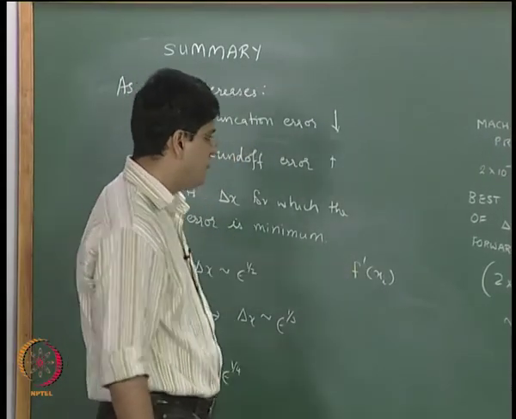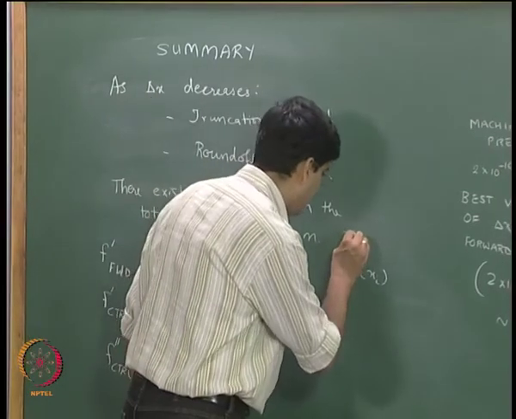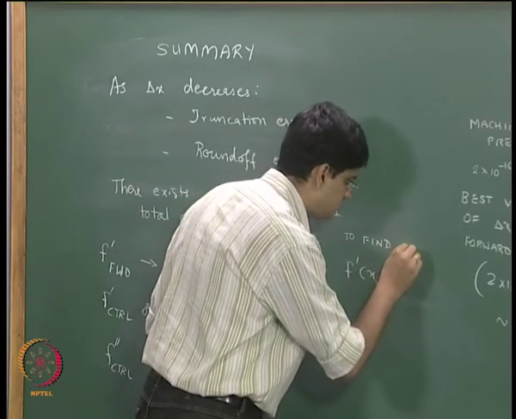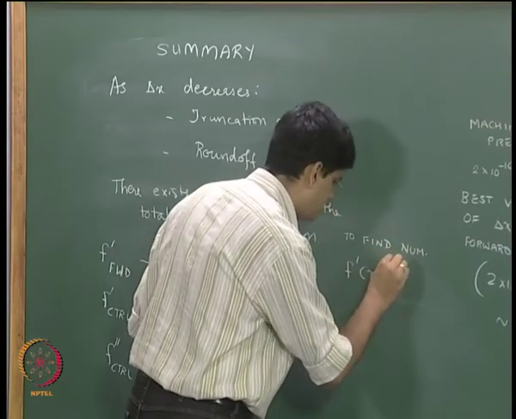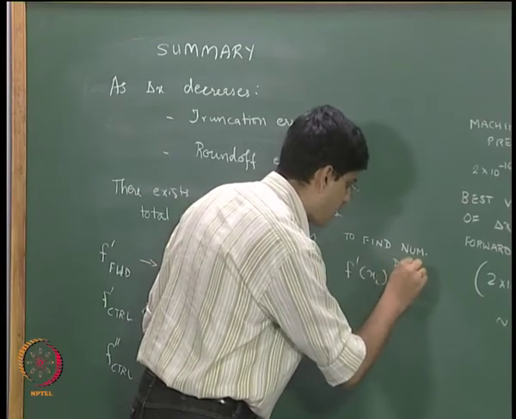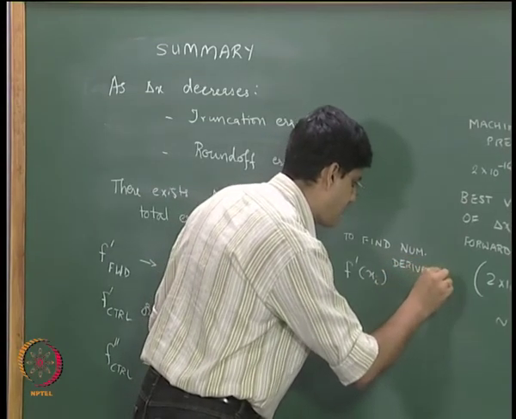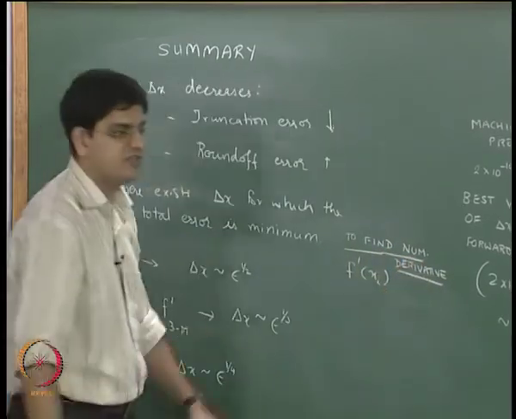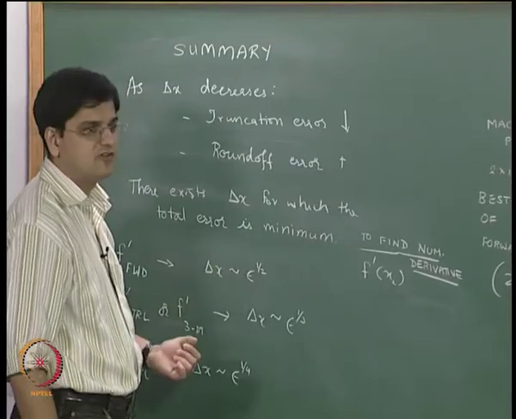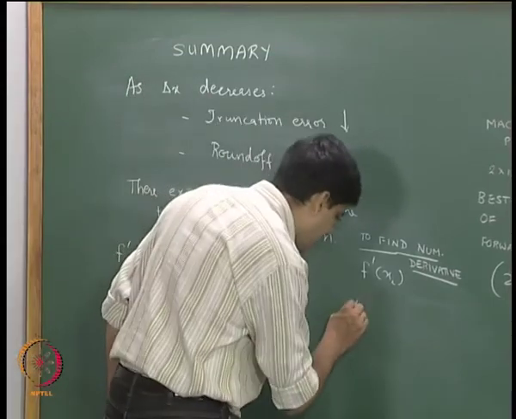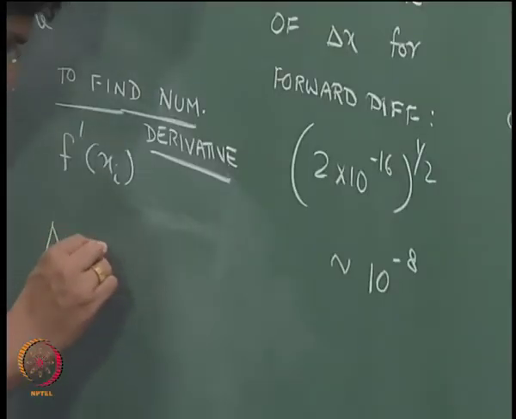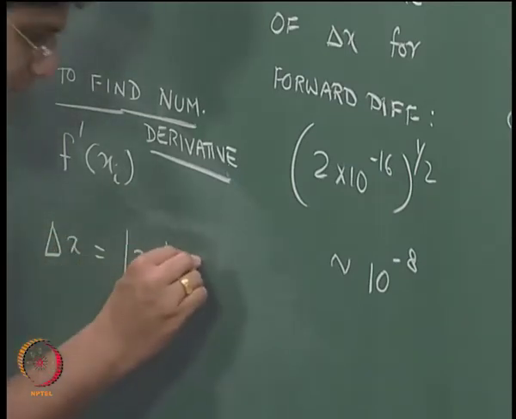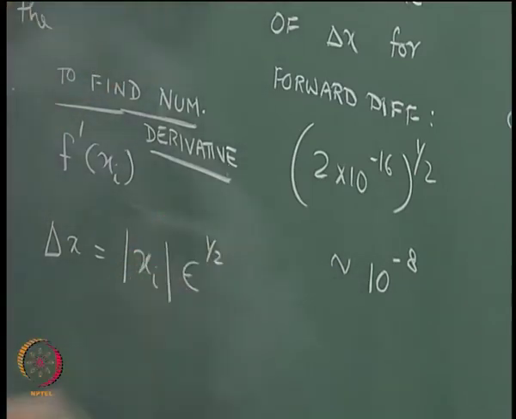So, if we want to find the numerical derivative of f dash, okay, if we select, let us say, the forward difference scheme, then our delta x is going to be equal to the absolute value of xi multiplied by epsilon to the power half.